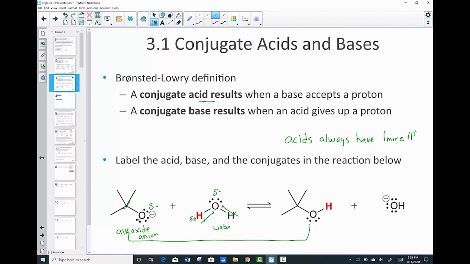So the mechanism in this conjugate pair: the alkoxide anion, acting as the base, reaches out for the partial positive hydrogen, that's the proton, and it plucks it off of that water molecule. The shared pair of electrons in that covalent bond then collapse back onto the oxygen, and we form the conjugate acid of the alkoxide ion.